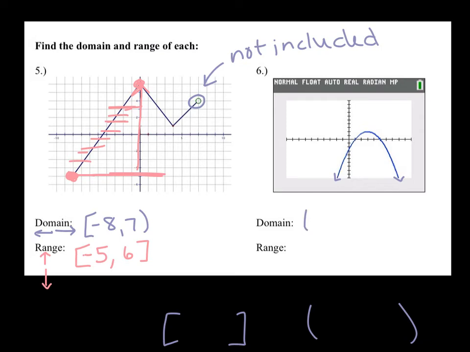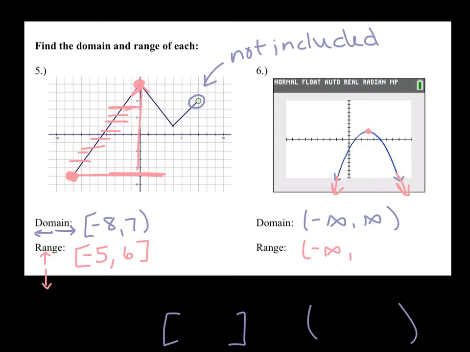So in this case, your domain will be negative to positive infinity. The range from bottom to top is going to continue on forever, but the highest point that it ever reaches is there at 2. So we can't ever reach negative infinity. So that is technically our starting point or our lowest point that our graph reaches.